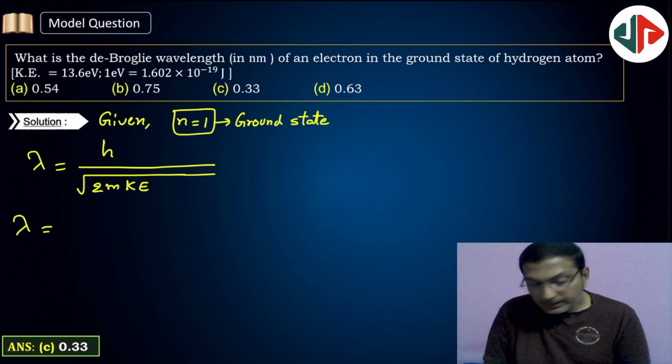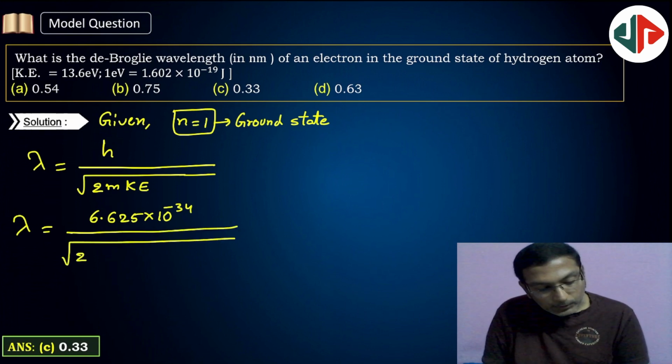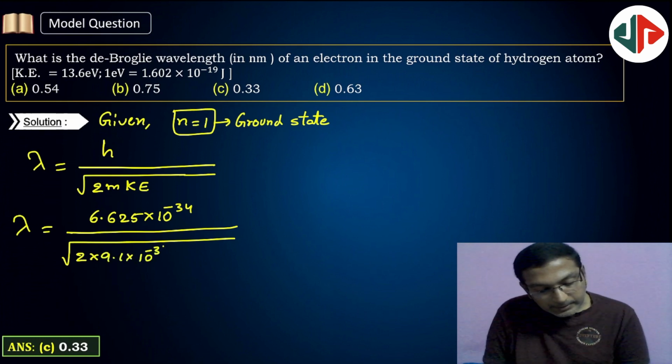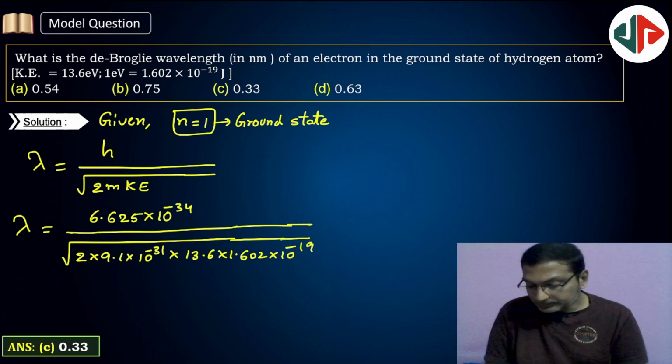So lambda equals h value 6.625 into 10 power minus 34, divided by root 2 into the mass of electron 9.1 into 10 power minus 31, into kinetic energy 13.6 into 1.602 into 10 power minus 19 joules conversion.